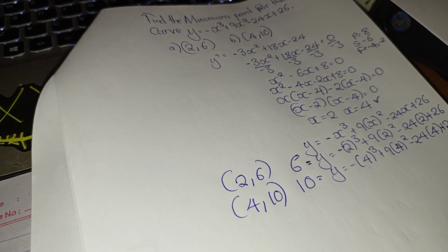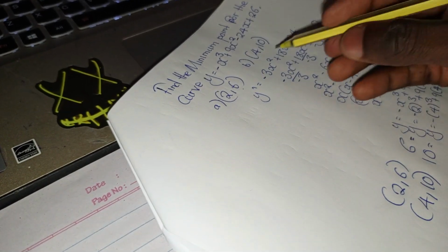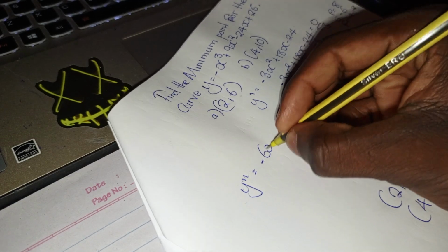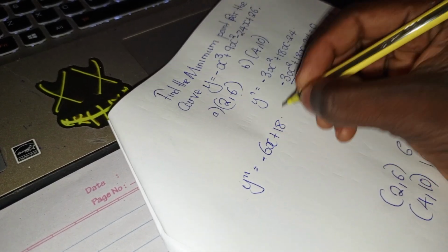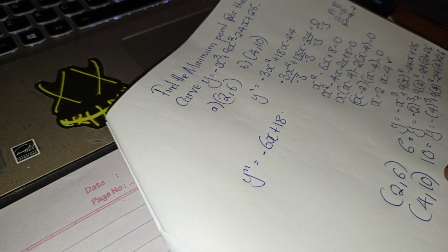We find more conviction to say, oh, it's A, so that when someone says A is your answer, you have support. So let's now go to second derivative test. So we now continue further by having this function to be differentiated twice. So we get y double prime -6x plus 18, where we will now get our critical points.